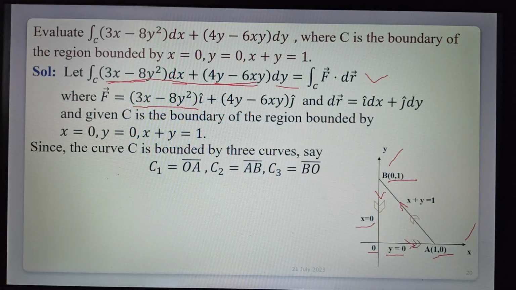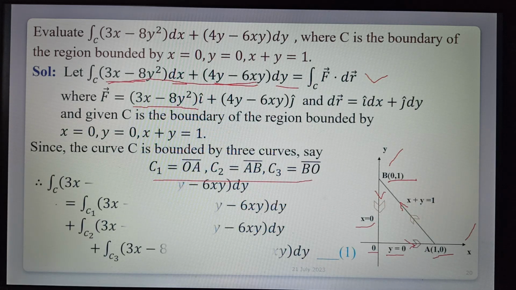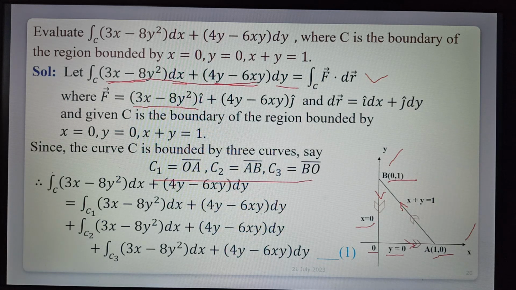Assume the given curve is bounded by three curves, C1, C2, C3. Therefore the line integral over C is equal to the line integration over C1 plus along C2 plus along C3. Finding the sum of all three gives the given line integral.